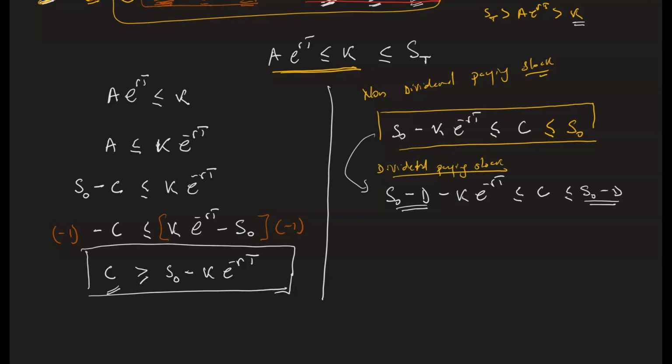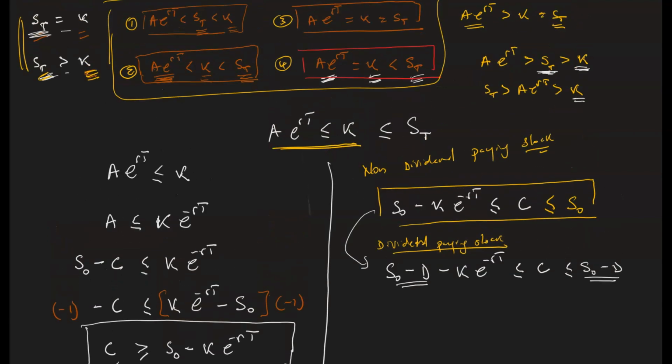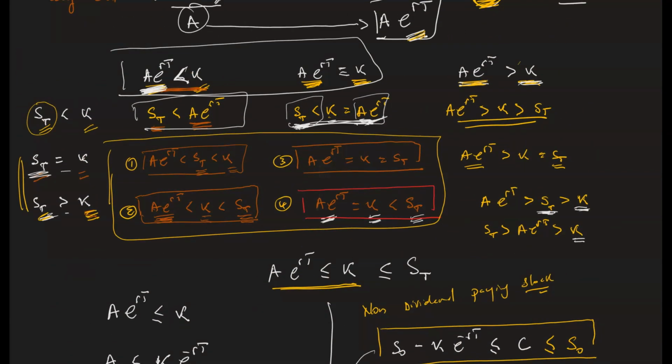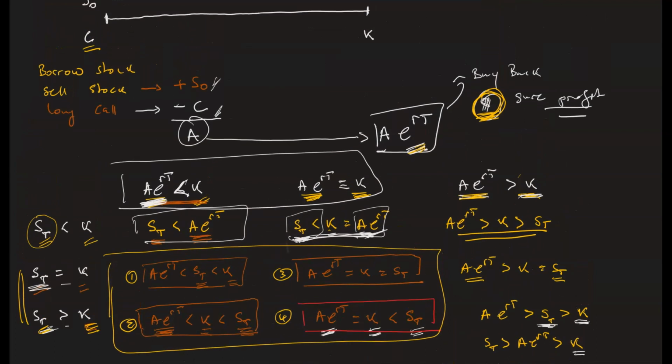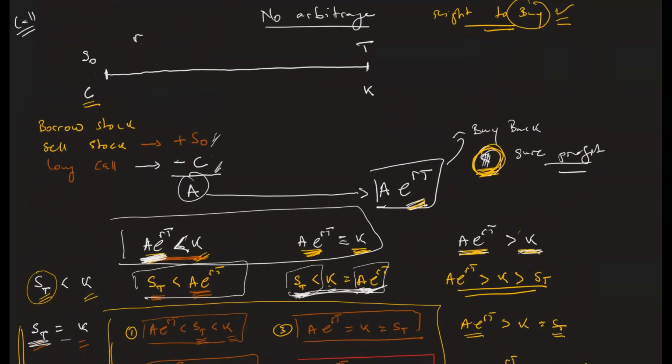So we can define the boundaries of the call option premium. We could replicate this whole process and try to see what the arbitrage would be like if we were to use a put option this time for arbitraging.